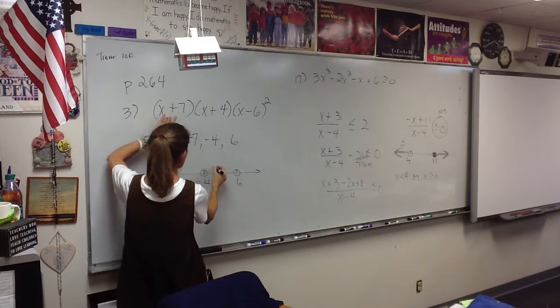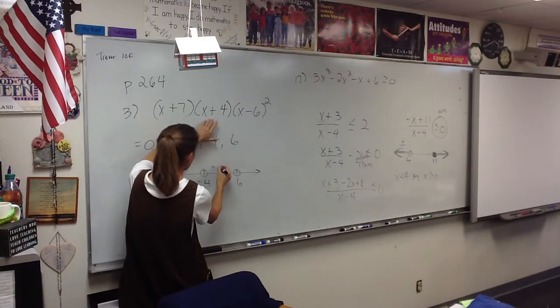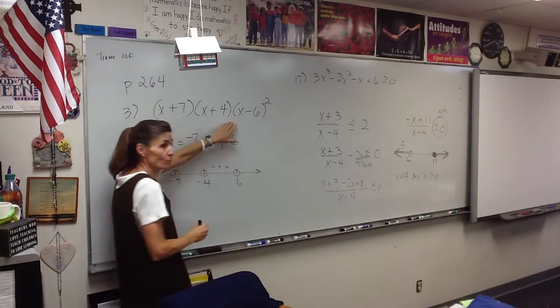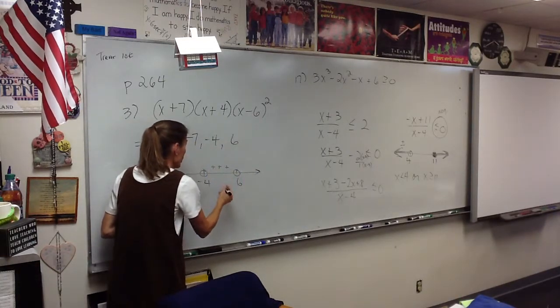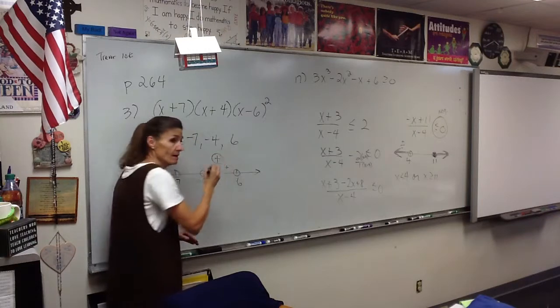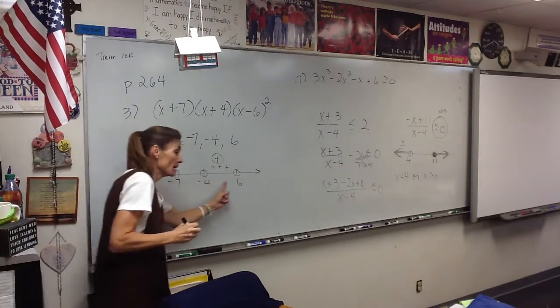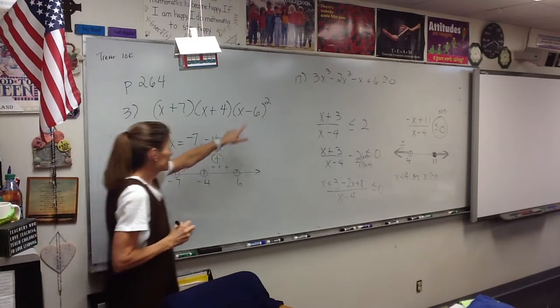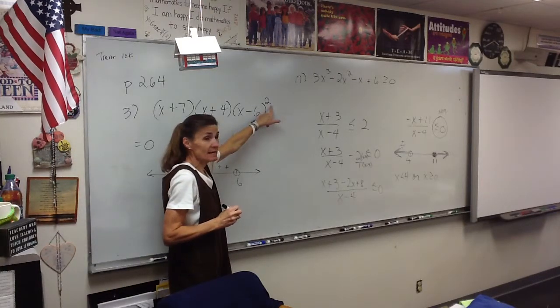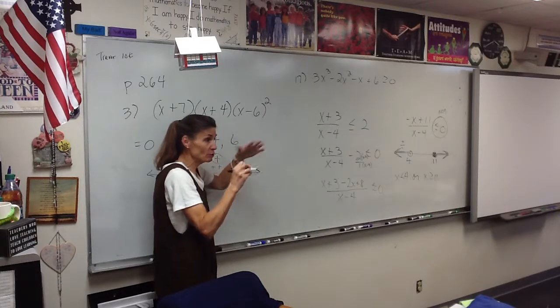That would be positive, that would be positive, and that would be positive. Would you agree with me? So this section of the number line would end up positive if I put in a number in this section. Now, you see that right there? That's a game changer.